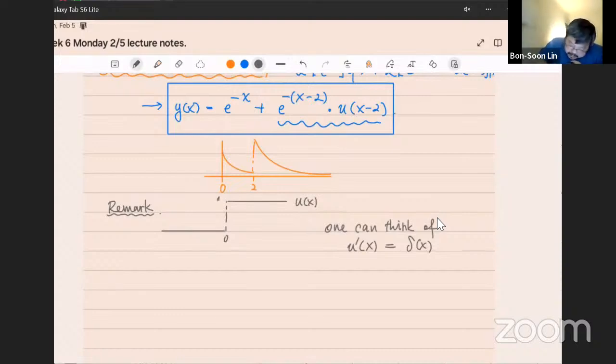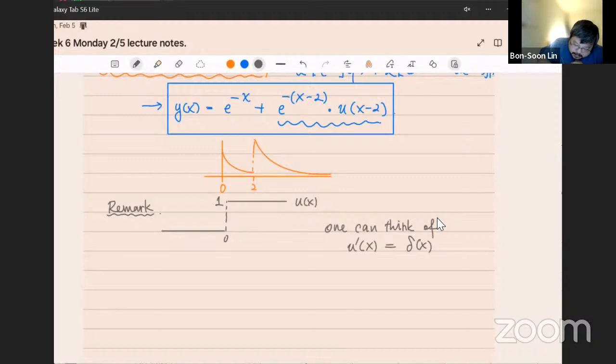And the amount of jump is 1. That makes sense because the delta function has a total area of 1. So the amount of jump from 0 to 1 is 1, so that's the area of delta of x. So the derivative of this unit step function is delta of x. So that's remark number 1.